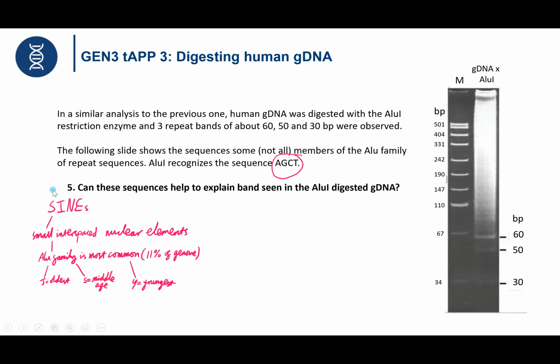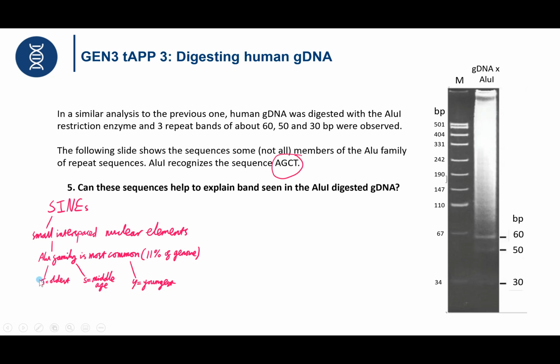This is from the E module, but SINEs are short interspersed nuclear elements, small sequences of DNA that are repeated throughout the genome in different places, hence interspersed. The Alu family is the largest family that makes up these SINEs, and they contribute to 11% of the genome. And you can subdivide this into three types.